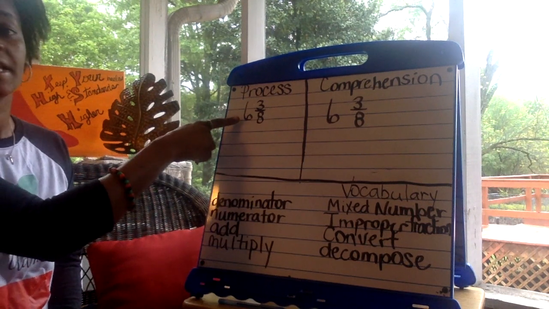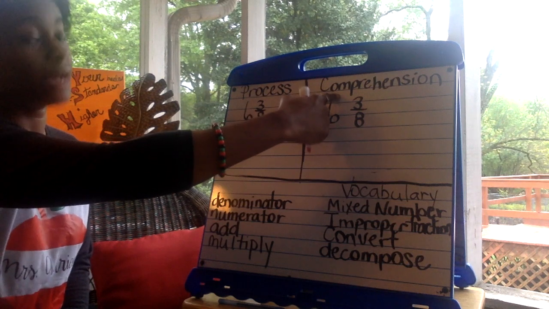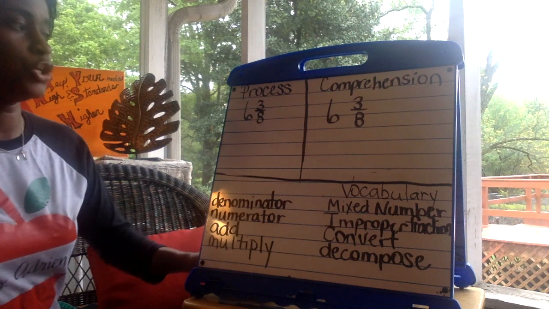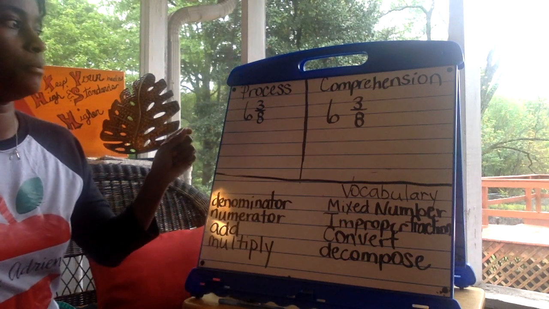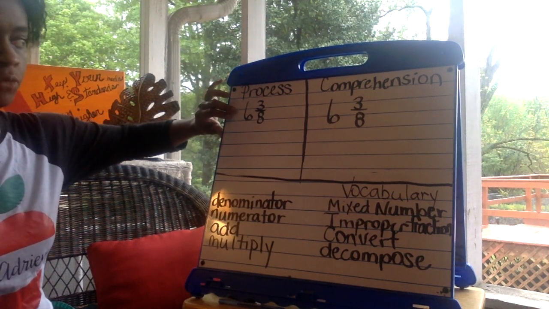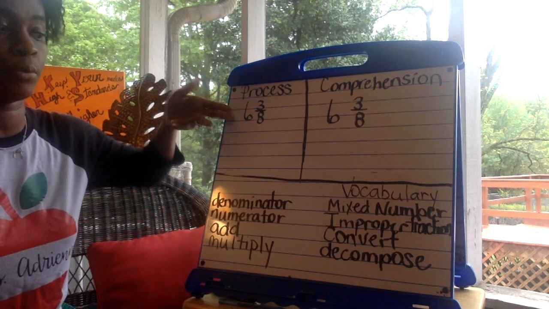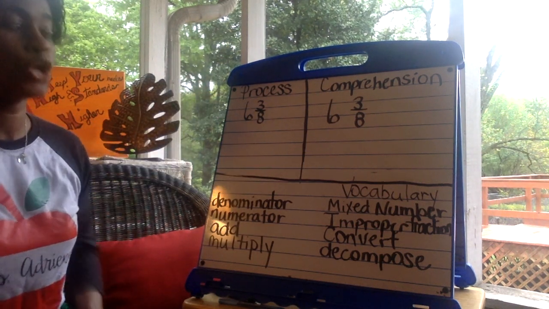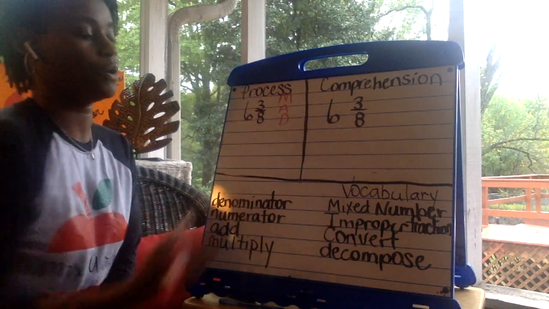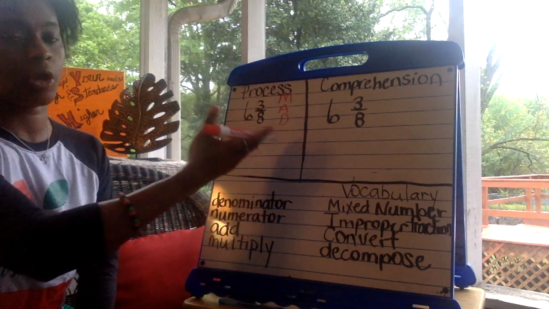Here we have 6 wholes, 3/8. Here on the other side, we have 6 wholes, 3/8. After collaborating this year with a good friend, Miss Christy Spencer, she gave me an option of looking at converting this mixed number into an improper fraction using a method or an acronym or just a sequence process called MADD.